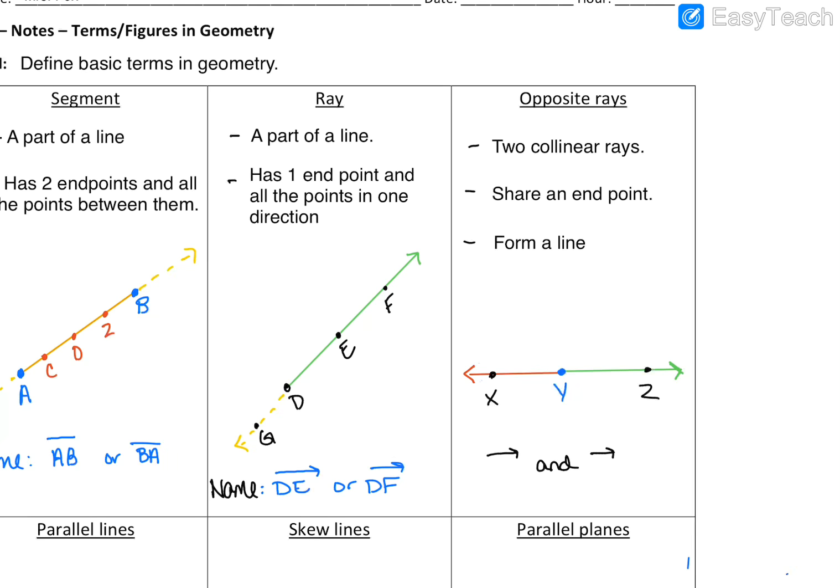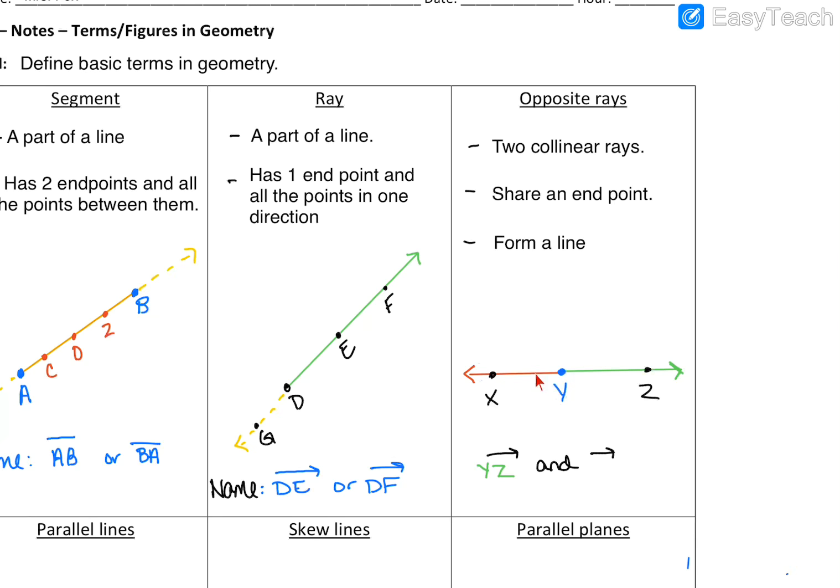The endpoint is Y, and the green ray is going towards Z. Okay, so ray YZ, and we're talking about the red ray. Let's use the pointer.